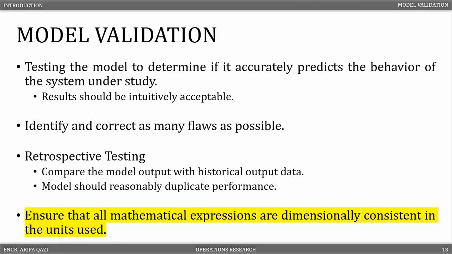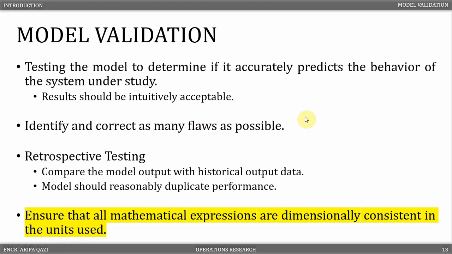A common model validation technique is retrospective testing, which involves using historical data and comparing the model output with actual historical results. A reasonably valid model is expected to duplicate the past performance under similar input conditions. In this phase, it is also useful to ensure that all mathematical expressions are dimensionally consistent in the units used.